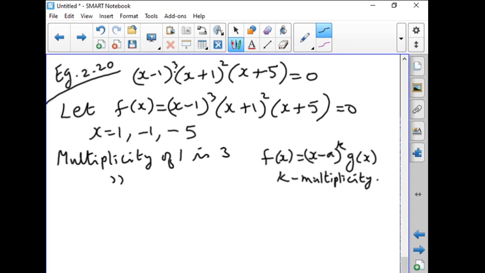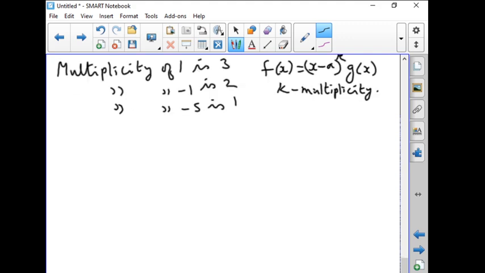What about the multiplicity of minus 1? It is 2. And the multiplicity of minus 5 is 1. Okay, so we have to look at the power. The power gives us the multiplicity. So when the root has multiplicity 1, it is called a simple root. Okay, that is an important note.